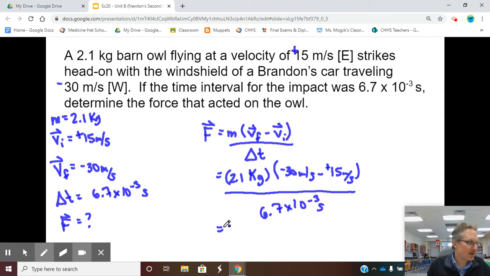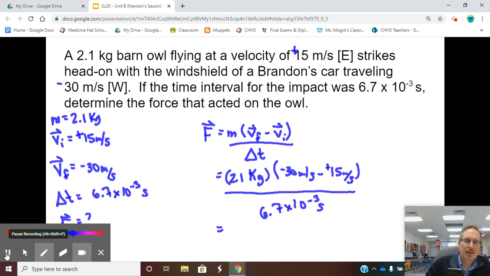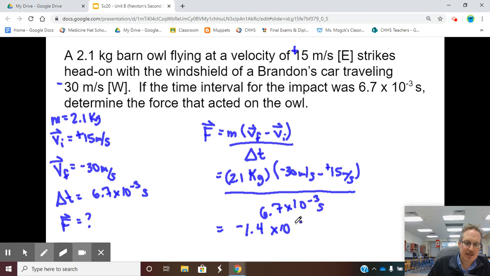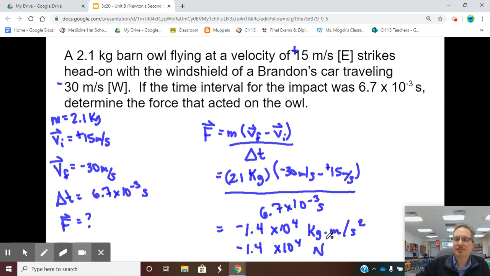And my answer I'm going to get is negative 1.4 times 10 to the 4 kilogram meters per second squared, or negative 1.4 times 10 to the 4 newtons for my barn owl.